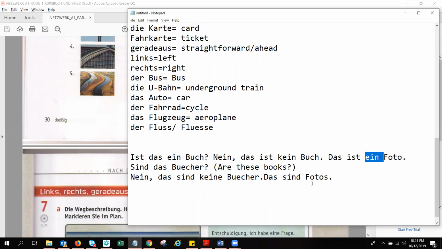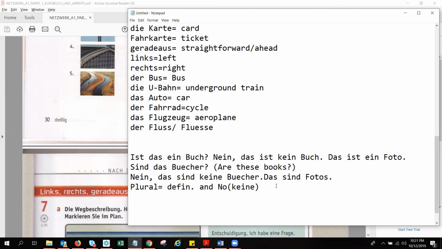These are photos. For photos, I cannot say these are a photos. So that's why I'm not using any indefinite article. But when you are saying no, we can use keine for plural. So basically, for plural, you can use the definite article and no, that is keine.